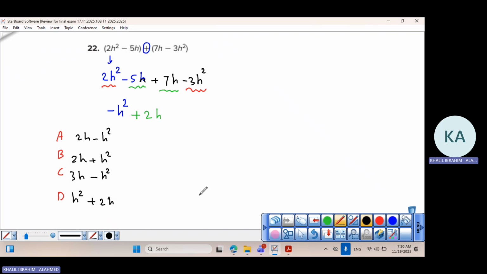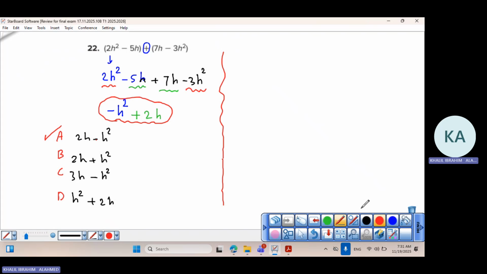Which one is right? The first one is right, because this is the same. Negative h square plus 2h is the answer.